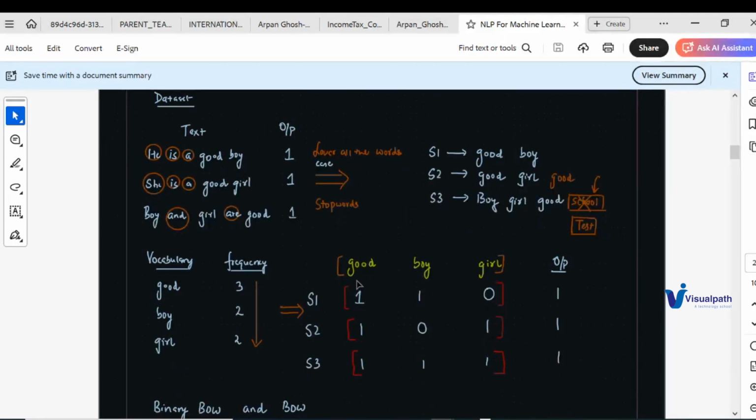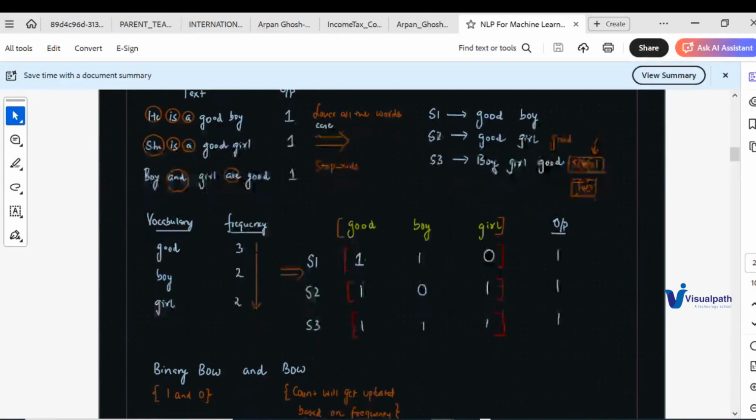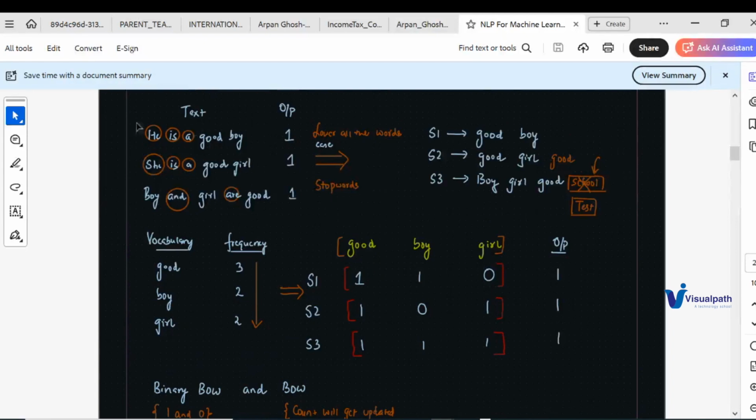That means conversion of the text into numbers like this. Now if I remove these circled words, is, a, she, is, a, and are, what are the words which are remaining? Good, boy, good, girl, boy, girl, good, right? So good, girl, and boy.